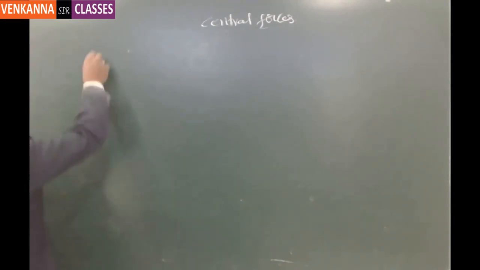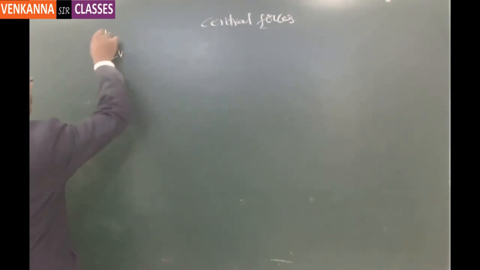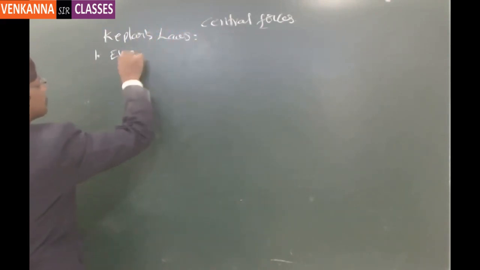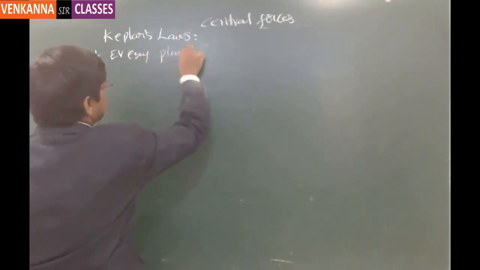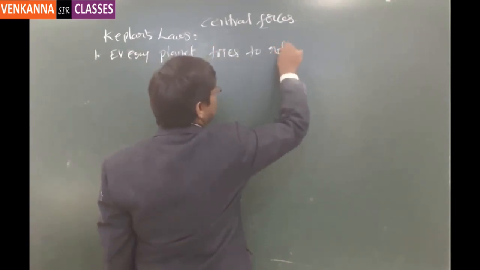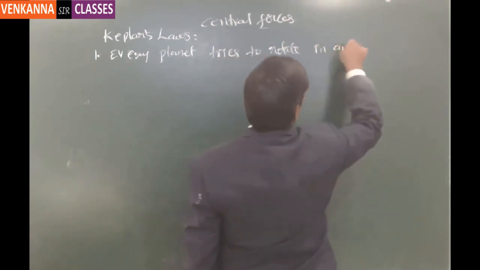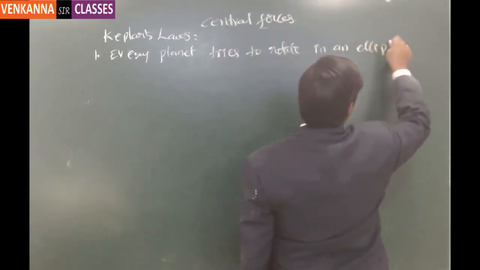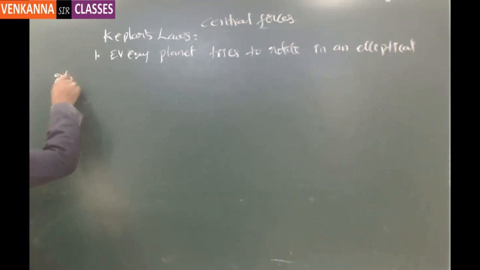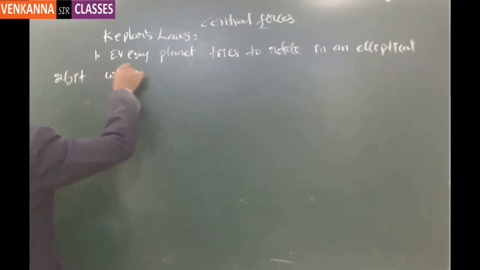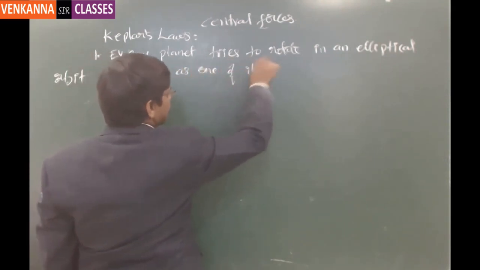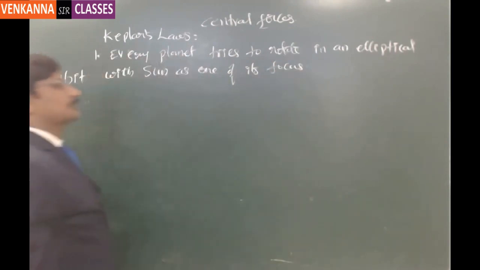So what Kepler's first law says is, every planet tries to rotate in an elliptical orbit with the sun as one of its foci. So this is the first law.